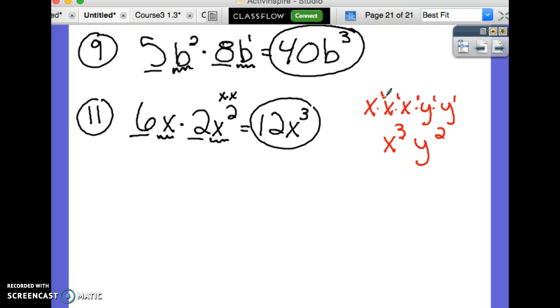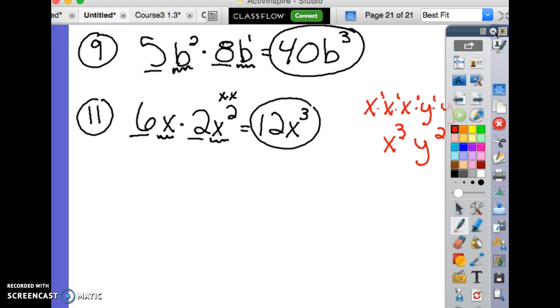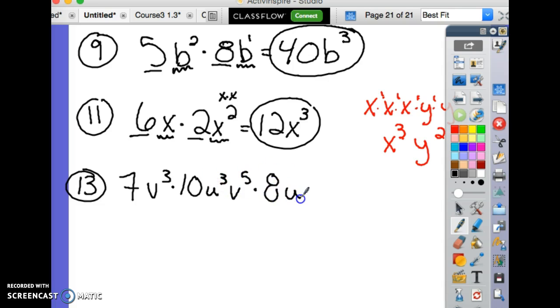Flipping your paper over. 13. 13 looks a little bit scarier, but you can do it. So 7v to the 3rd times 10u to the third, v to the fifth, times 8u, v to the third. Take it piece by piece. So here are our numbers. I have 7 times 10 times 8. 7 times 10 is 70. 70 times 8 is 560.